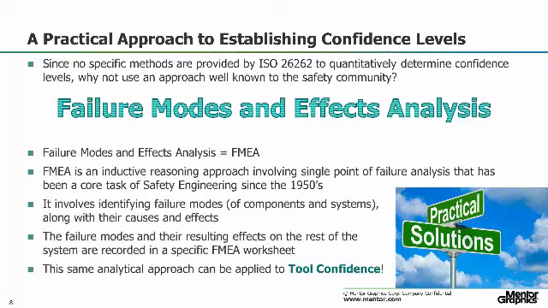It's an inductive reasoning approach, looking at single point of failures, and has been the core of safety engineering for the last 50 years or so. It involves identifying the failure modes along with their causes and effects, and then documenting these and using this approach to then justify the TCL level for that piece of software.